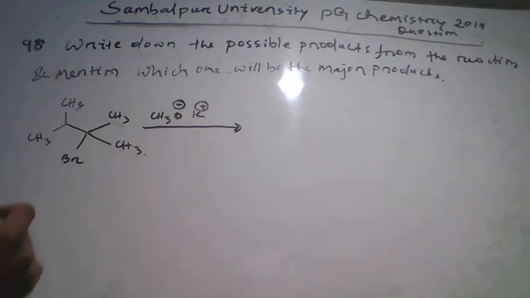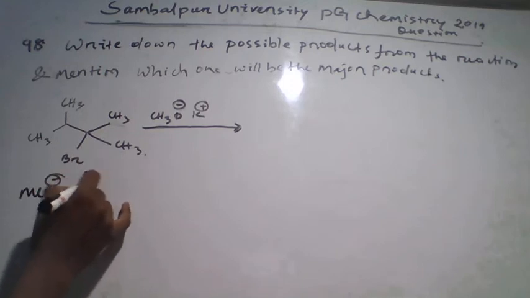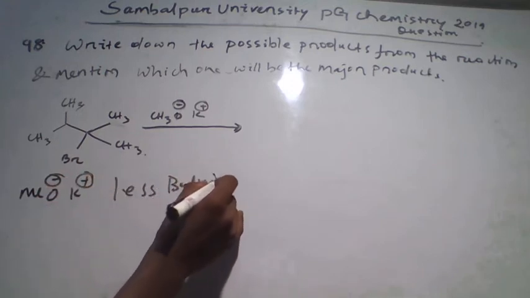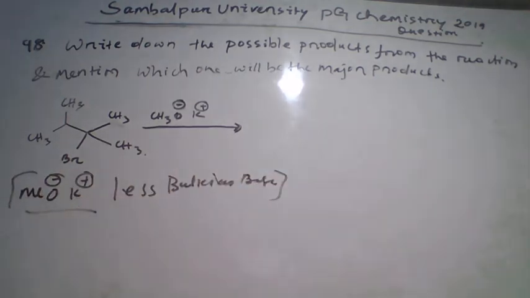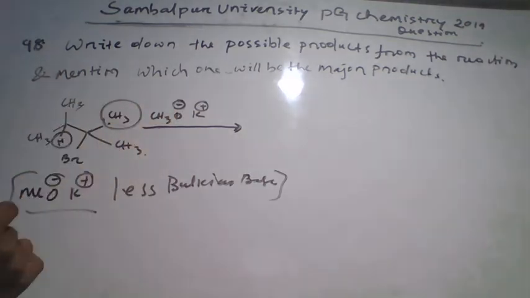You know, potassium methoxide is a less bulky base, so potassium methoxide can extract the proton from here, this proton, and here, this proton. And this is an elimination reaction, an E2 reaction, a bimolecular elimination reaction.